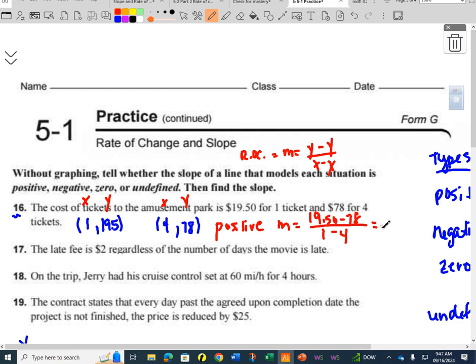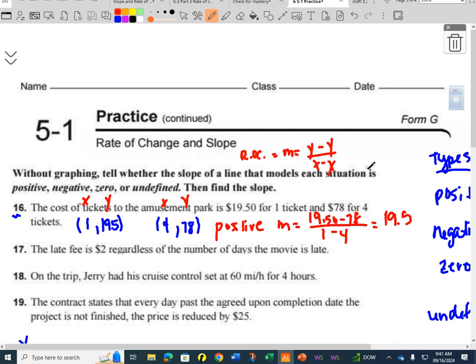You should get a positive 19.5. So slope is not going to have a dollar value. We're not talking about dollar value now, even though that's the same as the price of one ticket. What this means is that every ticket costs $19.50, so it's going to increase by $19.50 each time.